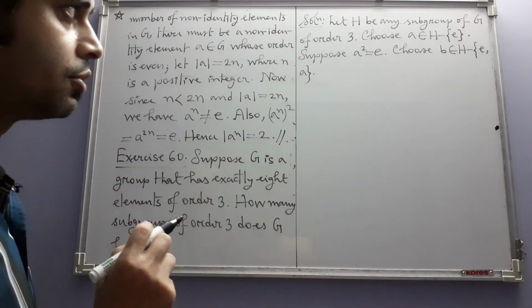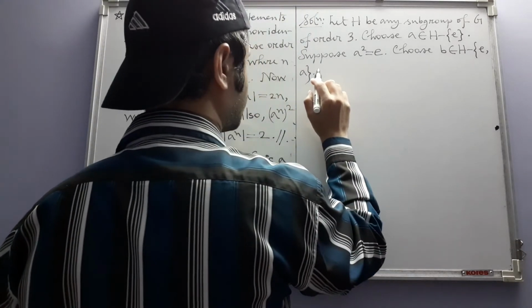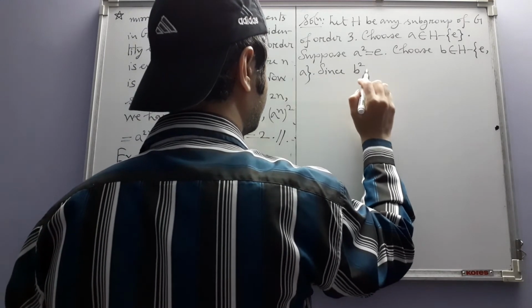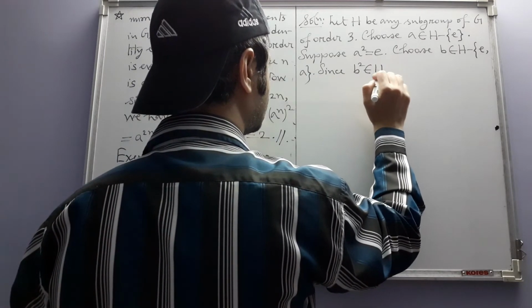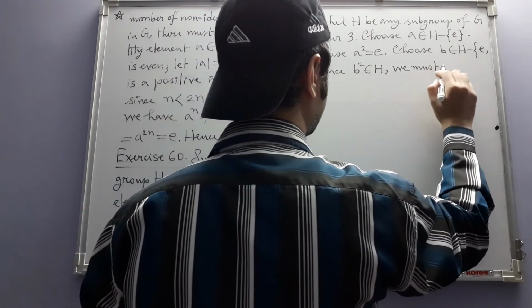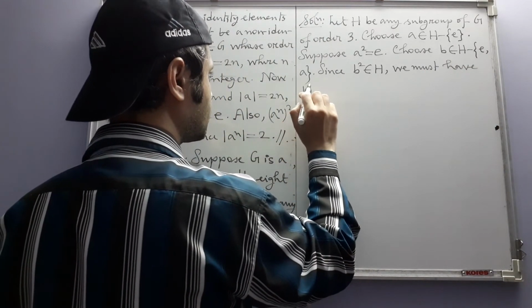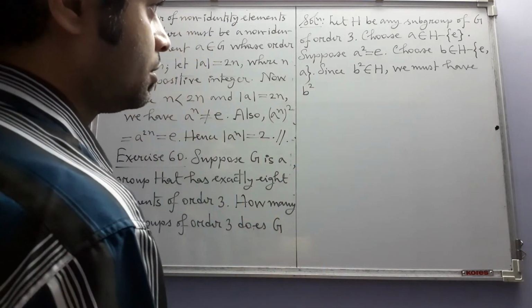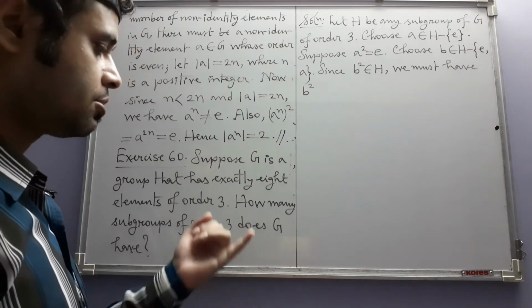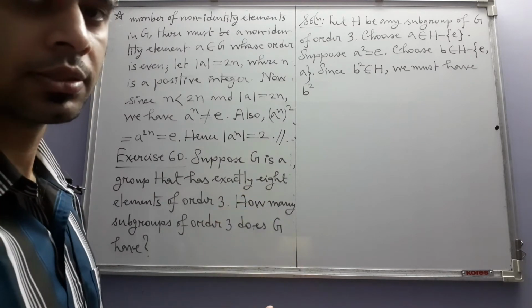Since H is a subgroup, B square should also belong to H. So B square is either E or A or B itself.